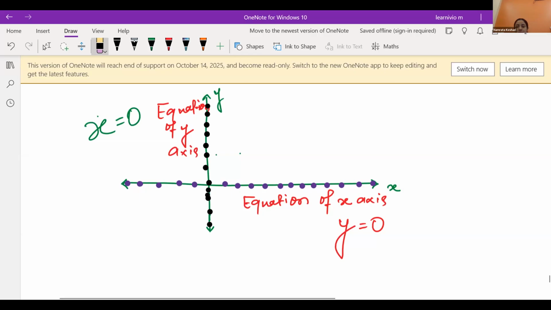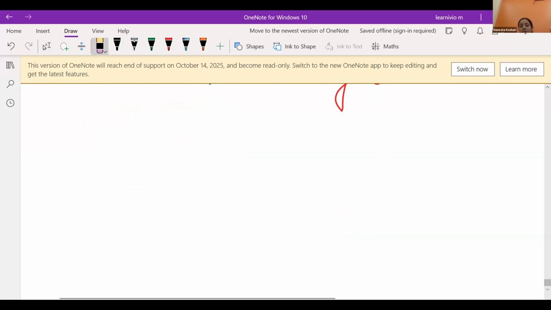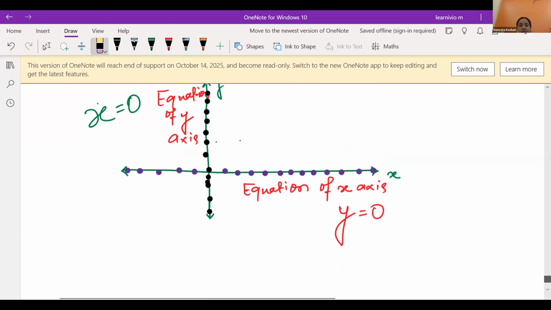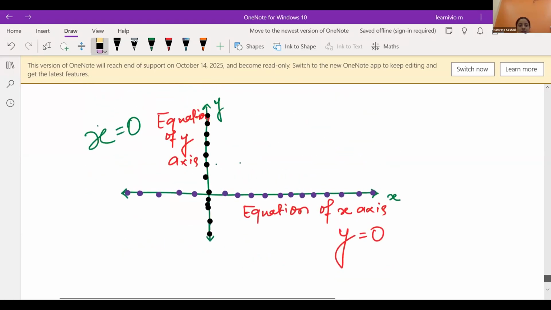Yes, ma'am. Yes, Mariam, Manvi, Neha, have you copied the equation of the x-axis and the equation of the y-axis? Yes, ma'am. Mariam, are you done? Can you hear me? Please let me know if you are not.